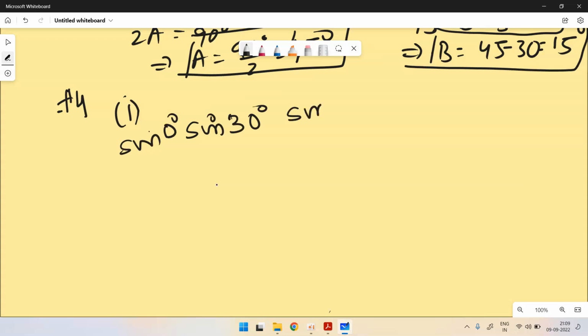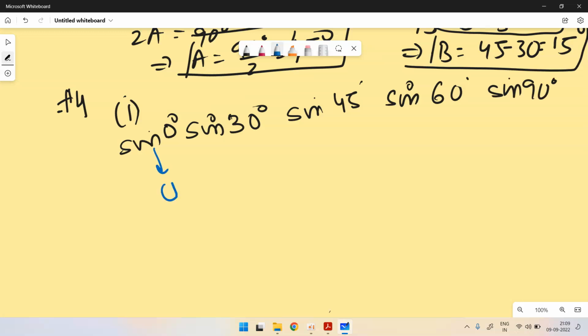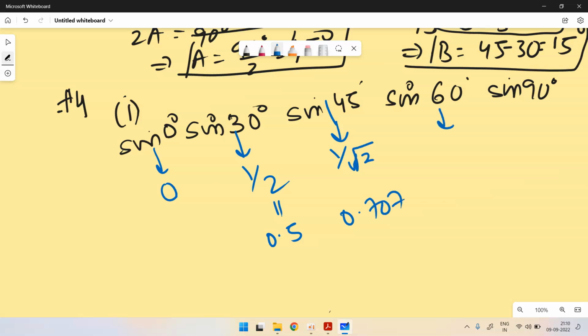To remember this in your lifetime, write: sine 0 is 0, sine 30 is half, which is 0.5, sine 45 is 1 by root 2, which is nothing but 0.707, sine 60 is root 3 by 2, which is 0.866, and sine 90 is 1.0.